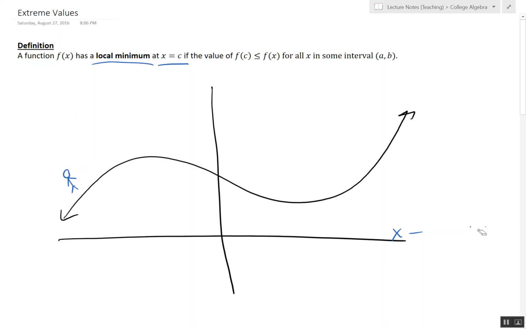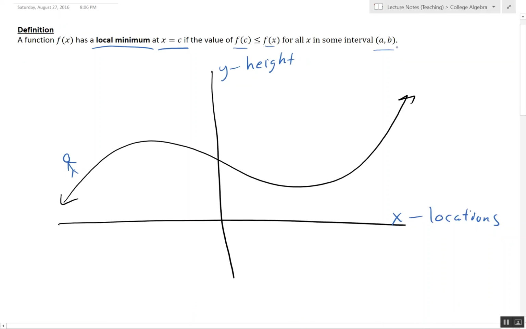And again, y is going to give you height relative to something. So you have a local minimum at x equals c if this coordinate is less than or equal to the others for some interval. So let's look at what that means.